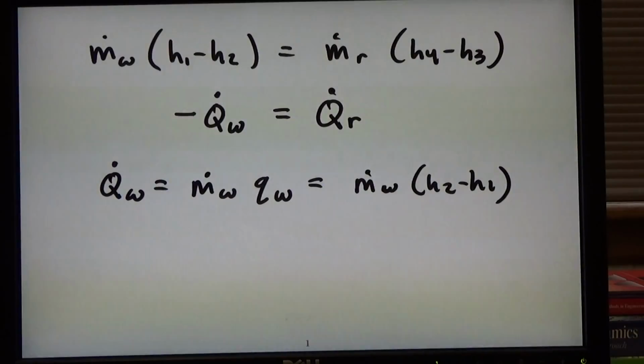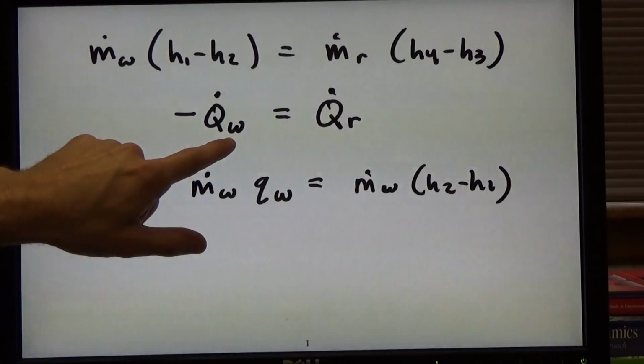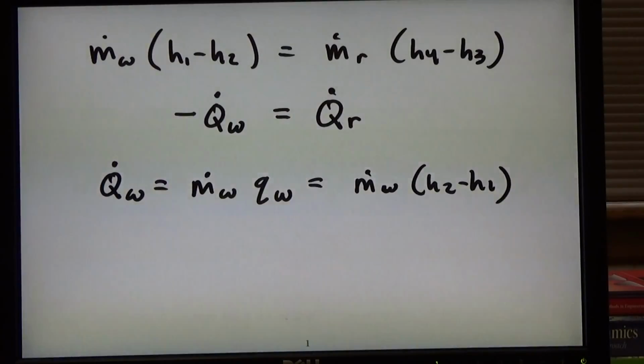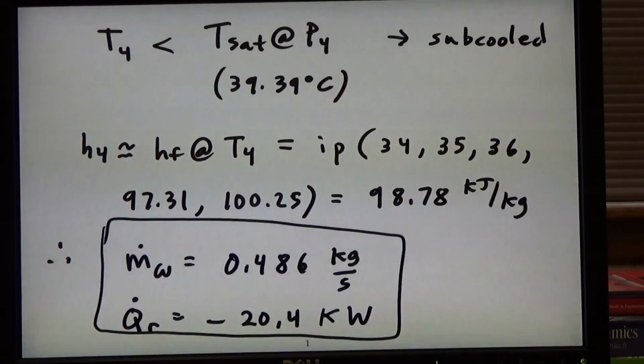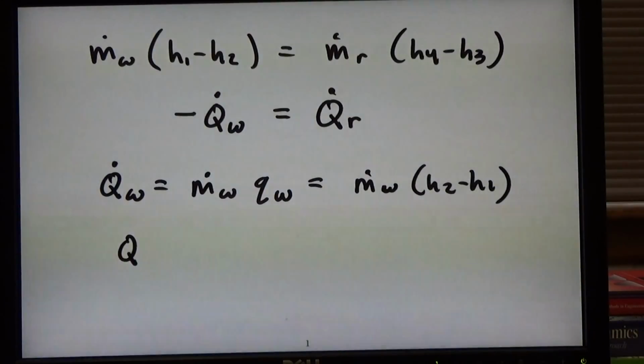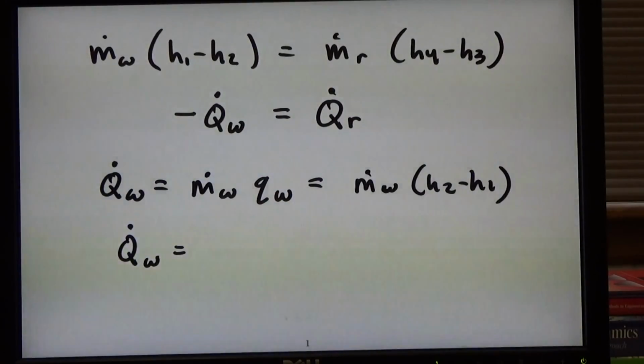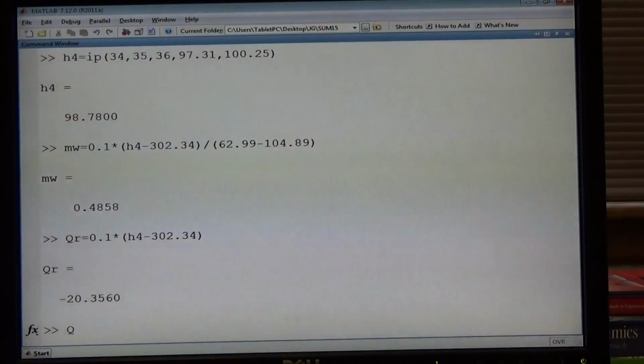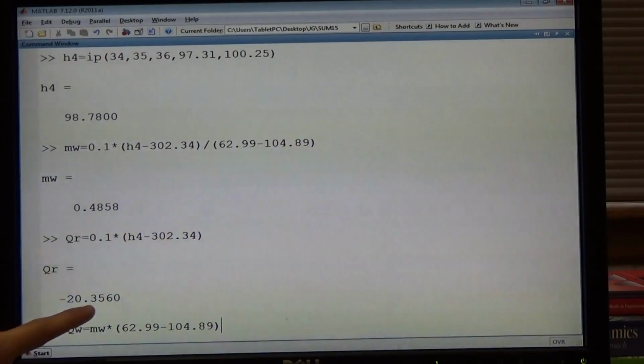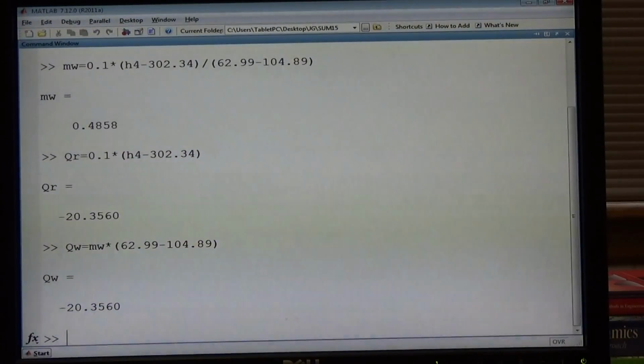So if we calculate the heat transfer to the water, we should get the negative of whatever answer we just got for Q dot R. Let's just check it and make sure. Let's calculate Q dot to the water. It's equal to mass flow rate of the water times H2 minus H1. So this is mass flow rate of the water times H2, 62.99, minus H1, 104.89. This should be equal to positive 20.356.